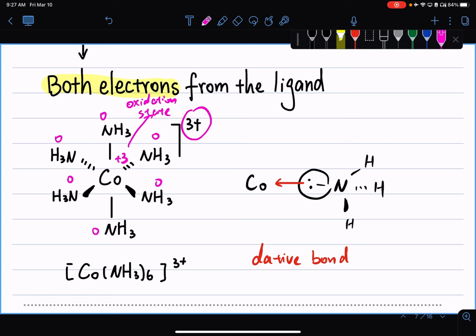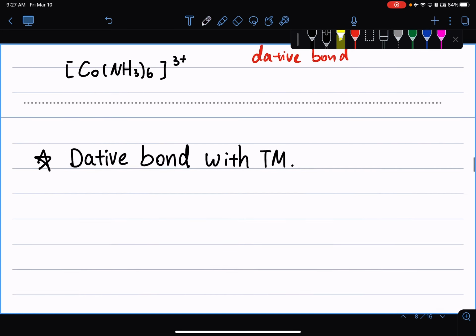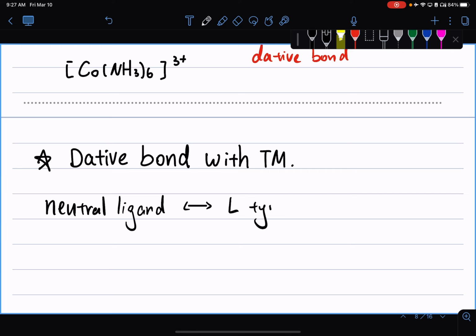Or the other way to put it is, when we're talking about a dative bond between a ligand and a transition metal, what we have is a neutral ligand, or we can also call them L-type ligands.